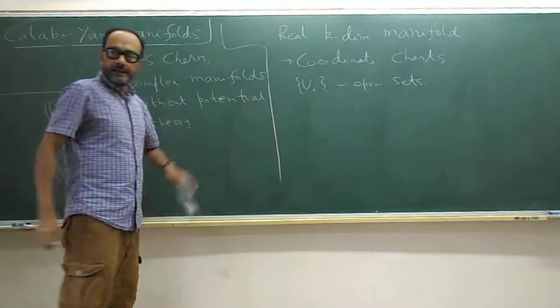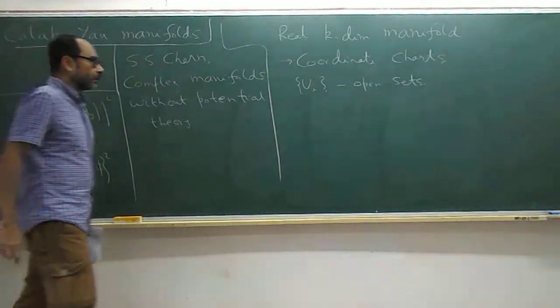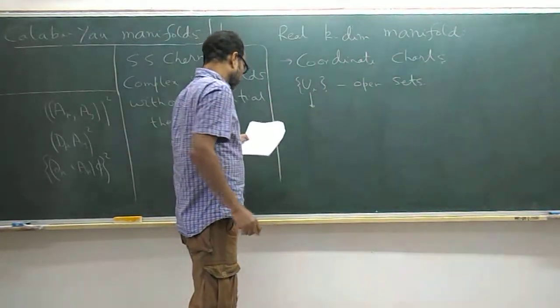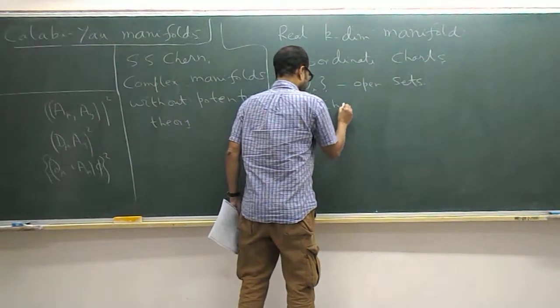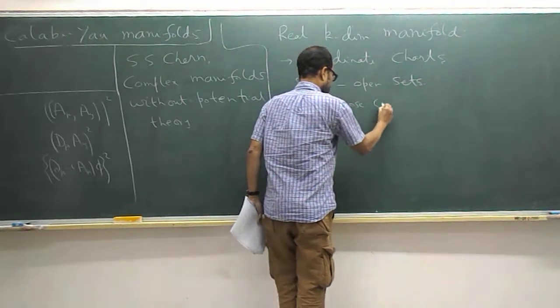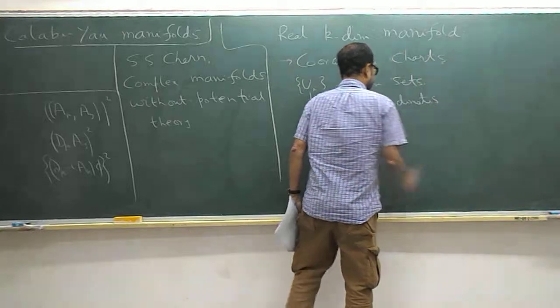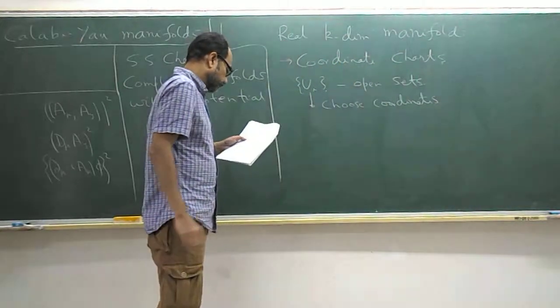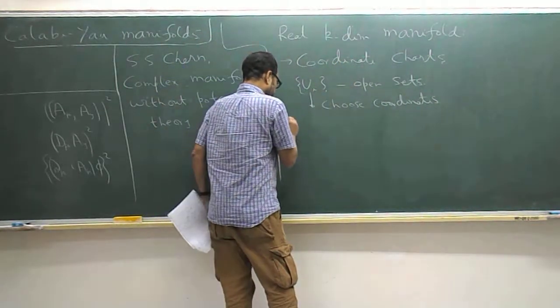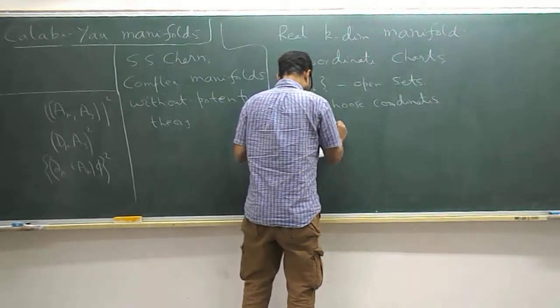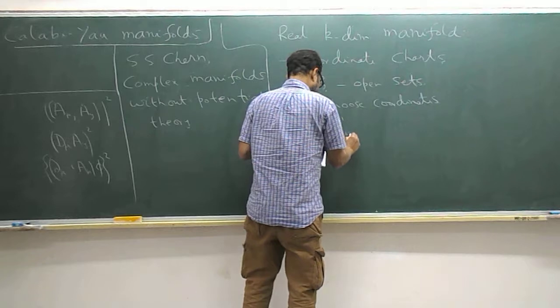On each U_i we introduce a coordinate system, choosing coordinates which take values inside a unit disk. So U_i we define by coordinates y_i, which has k components because it's a k-dimensional space.